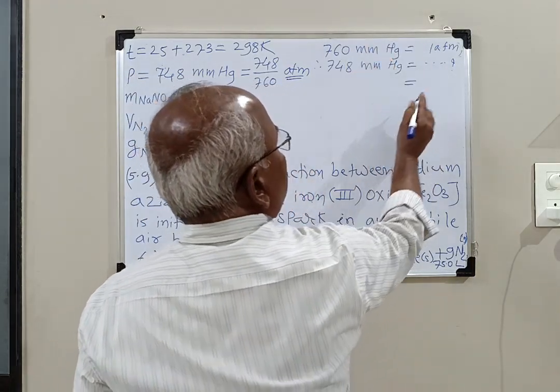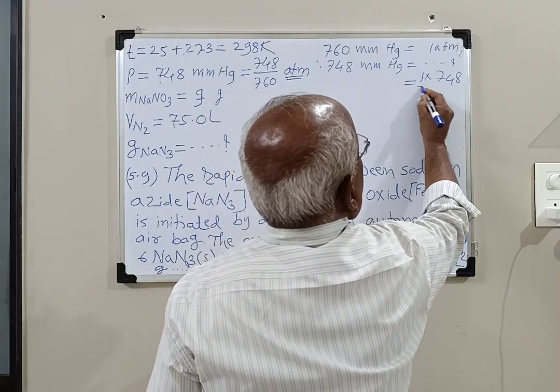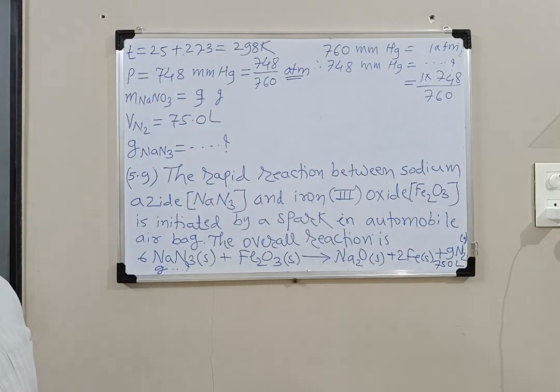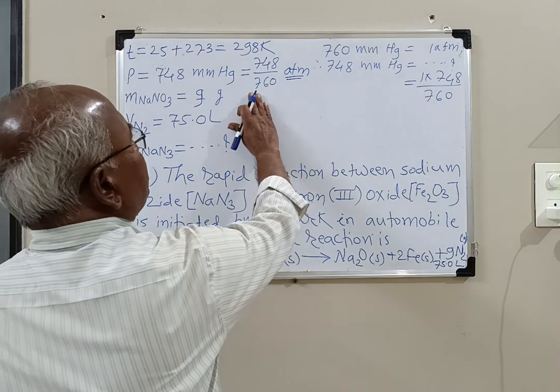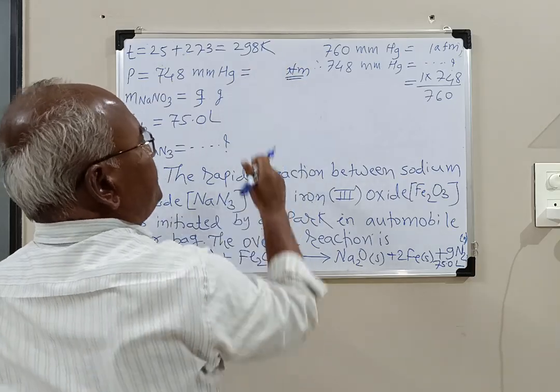Cross multiplication. 1 into 748 divided by 760. So I write the direct answer here, 748 divided by 760.